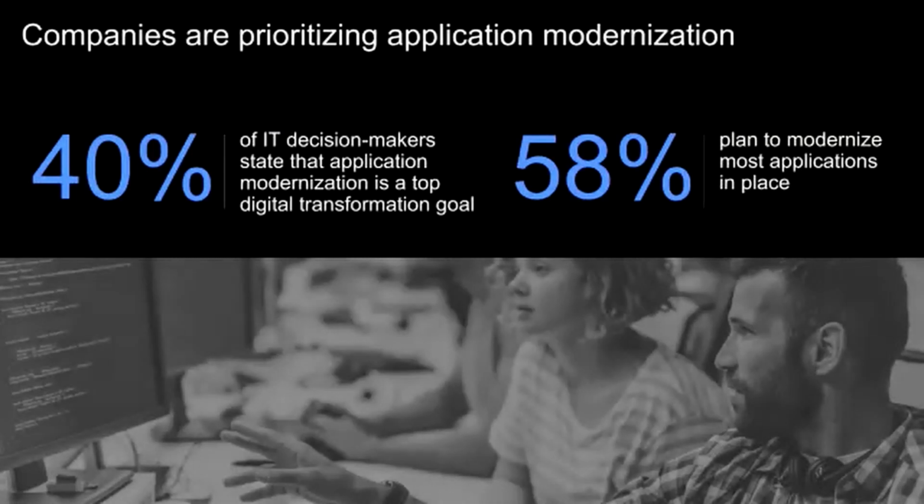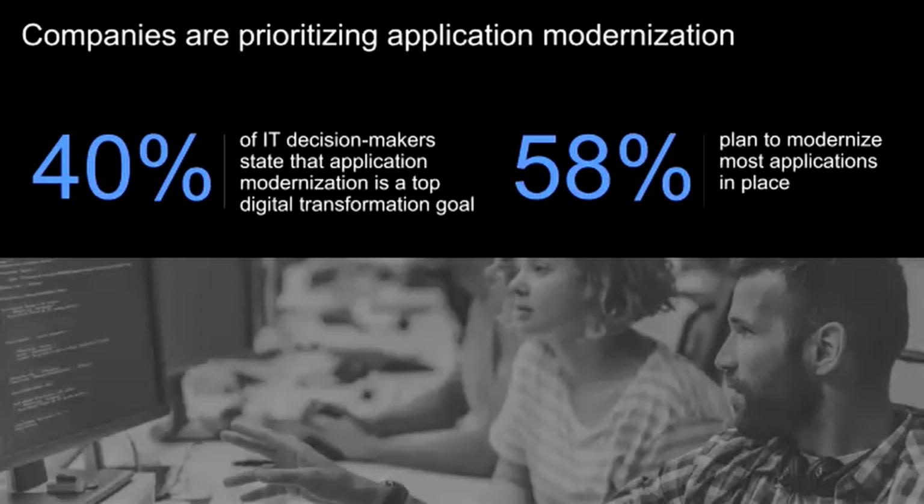So just starting at the high level, why are companies prioritizing application modernization? These figures come from a Forrester study saying that over 40% of companies surveyed viewed modernization of existing applications and infrastructure as a top digital transformation objective.